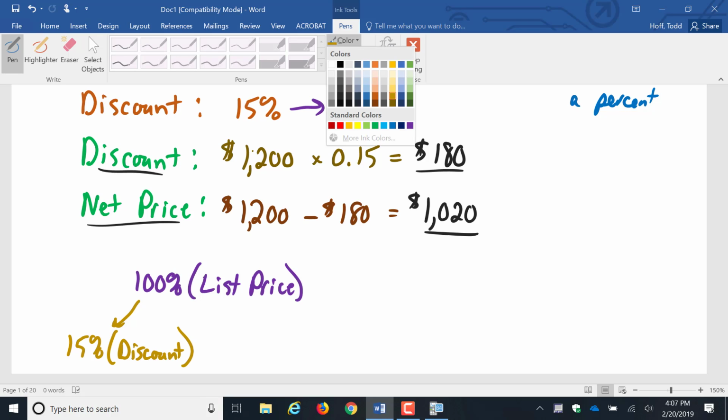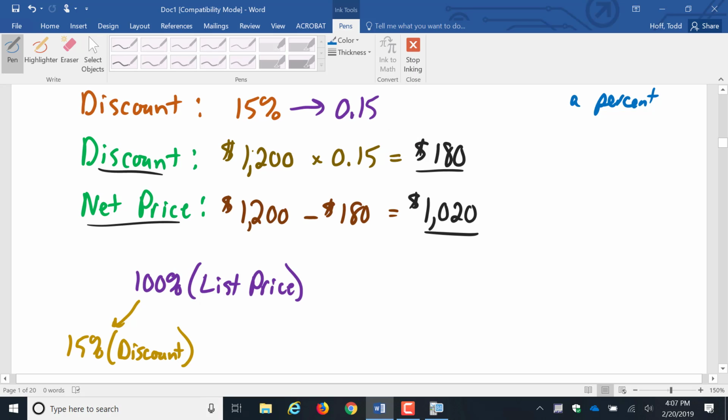The complement is what's left over. So the complement of that 15% discount is how much is left over. Well, the full thing is 100%, so what's left over would be 100% minus 15%. That's going to be 85%. That is the complement, and that's going to describe the net price.